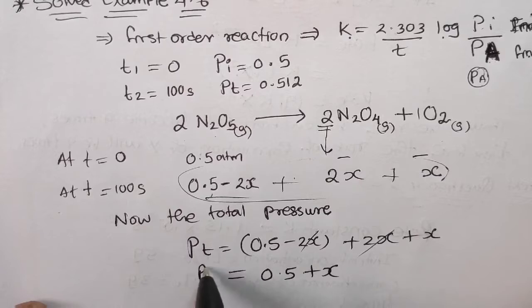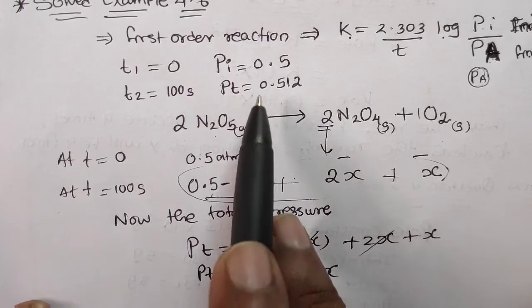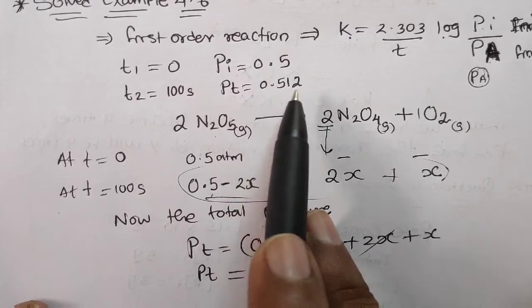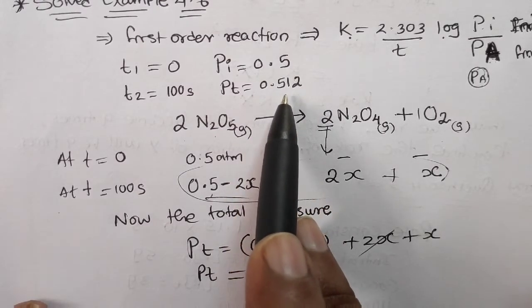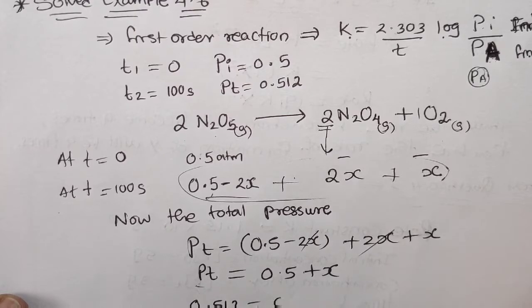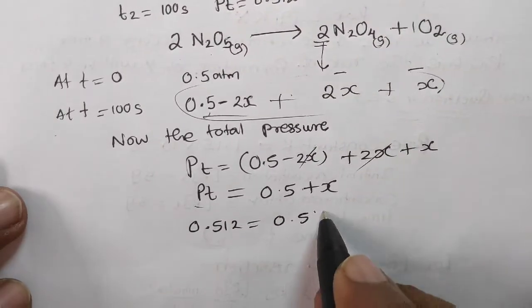Now we know PT, the total pressure, was given. In your textbook, you can see in the table column that total pressure is in atm. So instead of PT, I will write 0.512 is equal to 0.5 plus x.